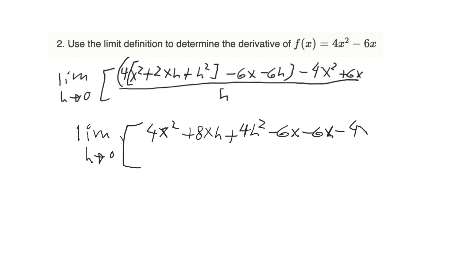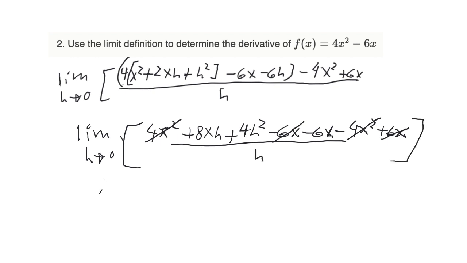Minus 4x squared plus 6x. So now we should have various terms cancel. We see that we have a 4x squared here and a negative 4x squared over here. We also have a negative 6x and a 6x, and this will all be over h.